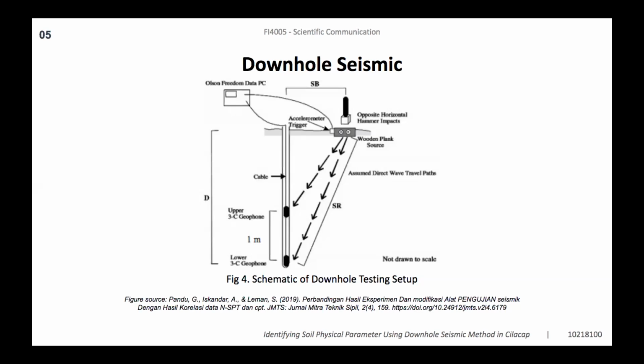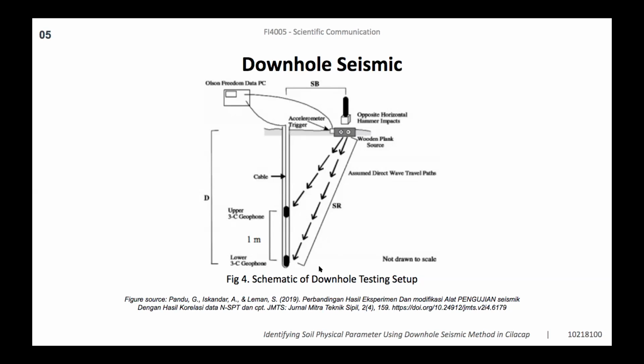This testing measures changes in seismic velocity by placing a source at the top of the borehole, and measuring travel times at multiple intervals in the borehole, usually with 3 component geophones.